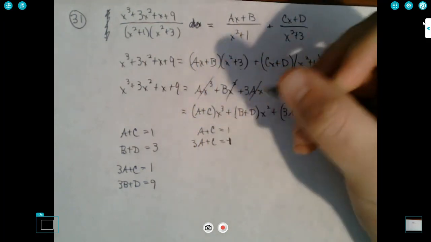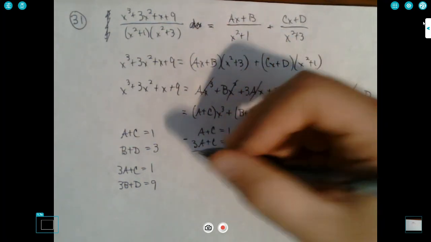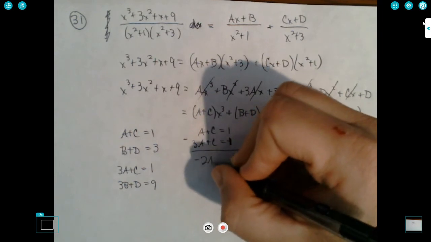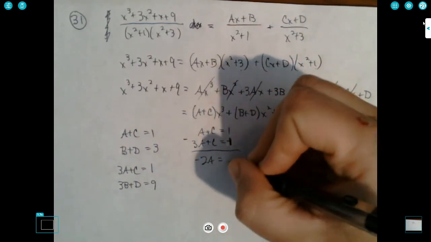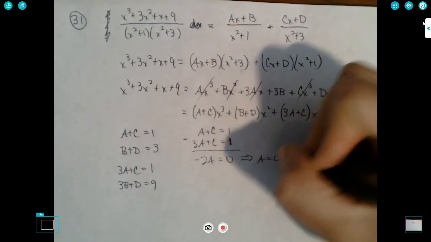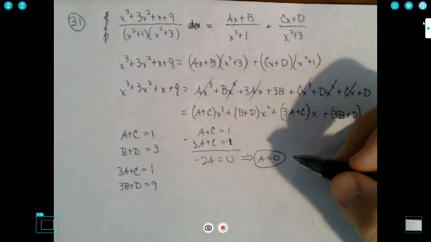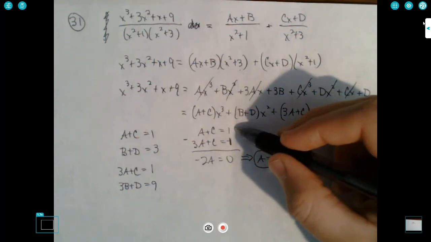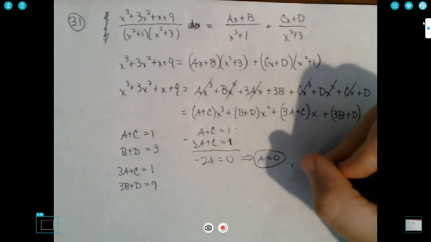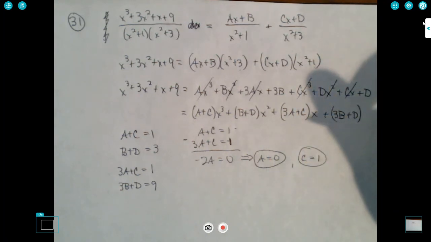A minus 3a is negative 2a. C minus c is 0. 1 minus 1 is 0. So a has to equal 0. Okay, got that. And if a equals 0, well then c has to equal 1, obviously. That takes care of a and c.